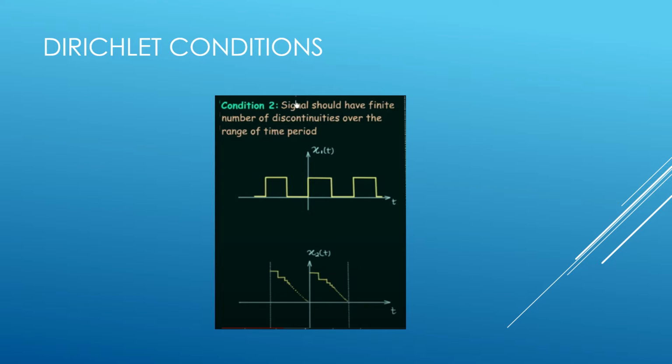See here, in a particular time interval, only a finite number of discontinuities are allowed. If you take a limit here, the function has a high value here, then a discontinuity occurs and it changes to 0. So there is a finite number of discontinuities in between the limit of the function. Only a finite number of discontinuities are allowed in the given limit. You look at the first function, it is satisfying the Dirichlet conditions.